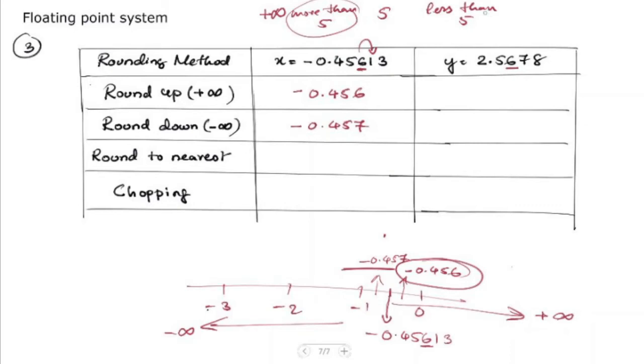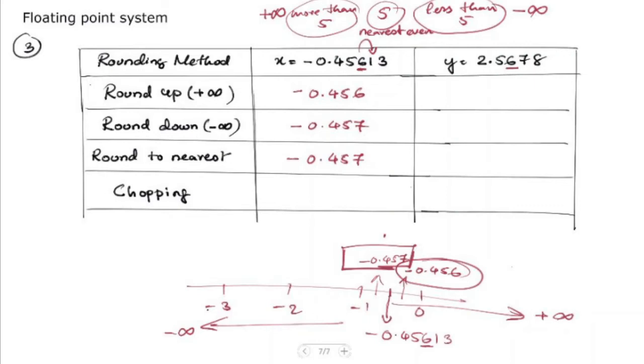And if it's less than 5, then we round it to the negative infinity. But if it's 5, then we round it to the nearest even number. So here now, the next number is 1, which is less than 5. So we round it to the negative infinity. And as we told already, towards negative infinity, it is this number that we need to consider. So that would be -0.457.